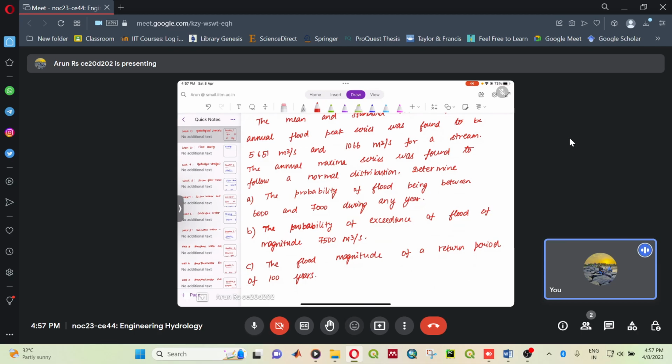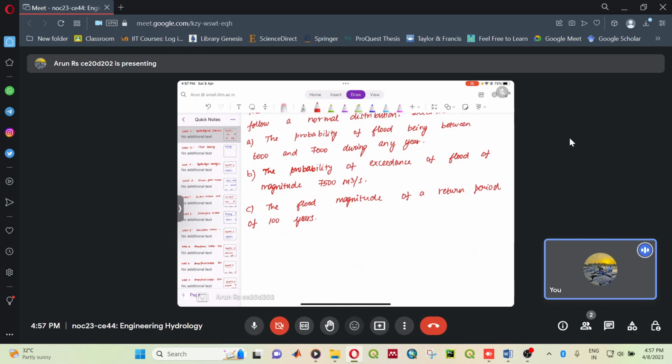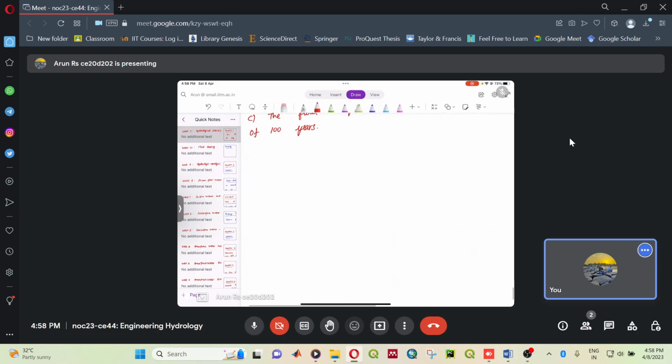The annual maximum series was found to follow a normal distribution. Now we need to determine what is the probability of a flood being between 6000 and 7000 meter cube per second during any year, and the probability of exceedance of flood of magnitude 7500 meter cube per second, and the flood magnitude of a return period of 100 years. Now let's see how to solve this question.